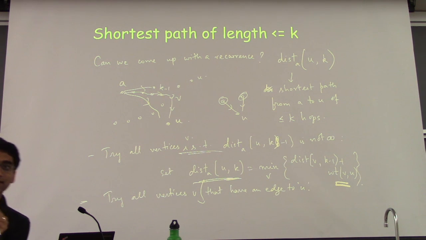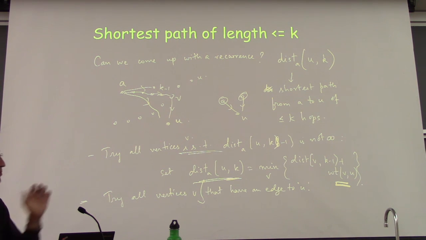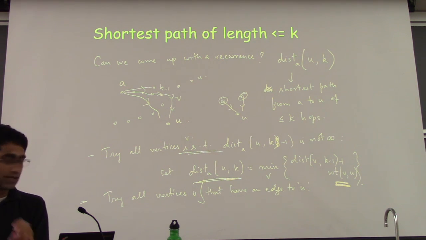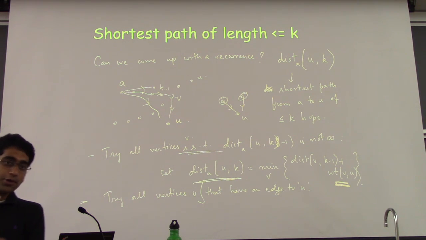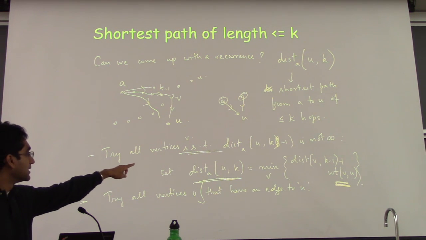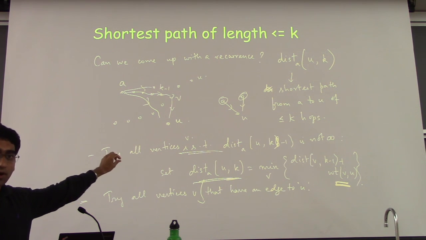So the way the update is happening is, you want to compute distances from A to U using at most k hops.